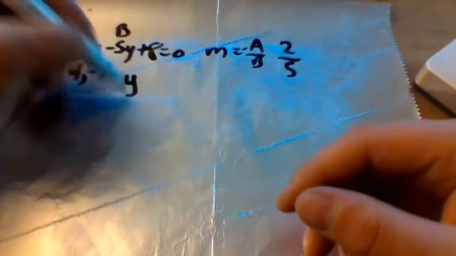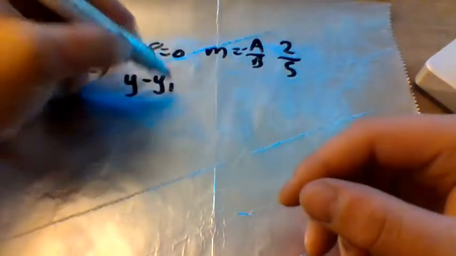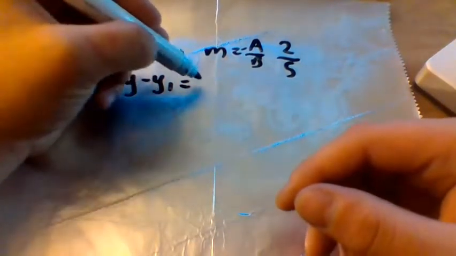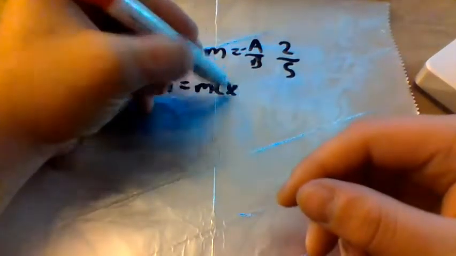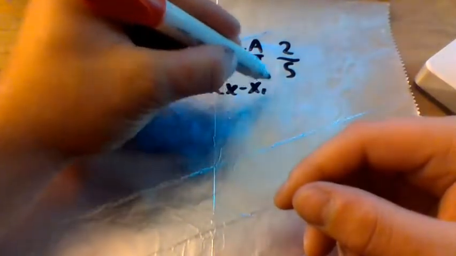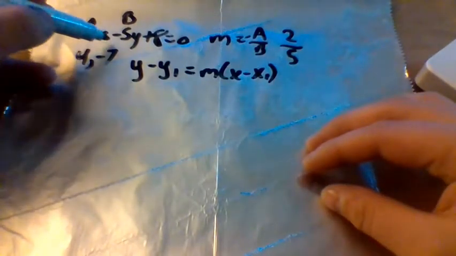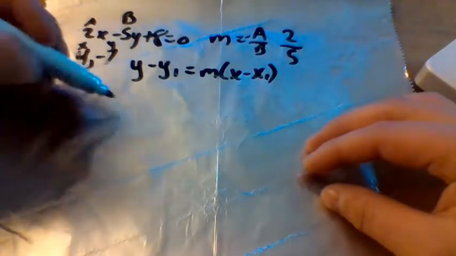And so next you would take this equation right here, y minus y1 equals m times x minus x1. And then next you would plug in what you have. So since this is the y and this is the x, you plug them in where they need to go.